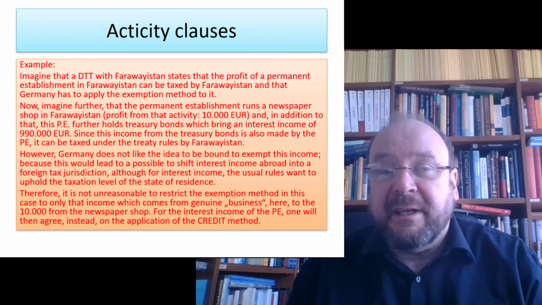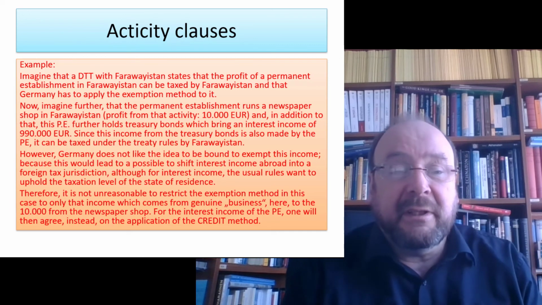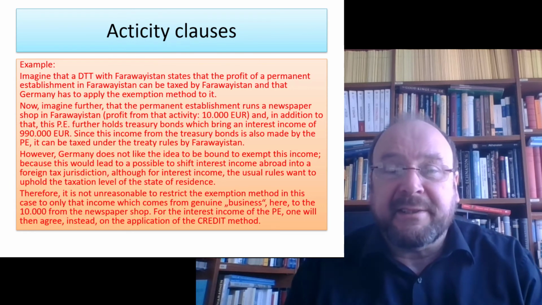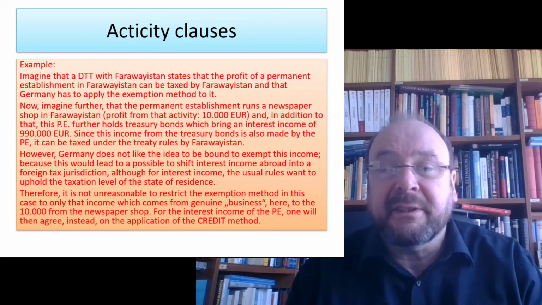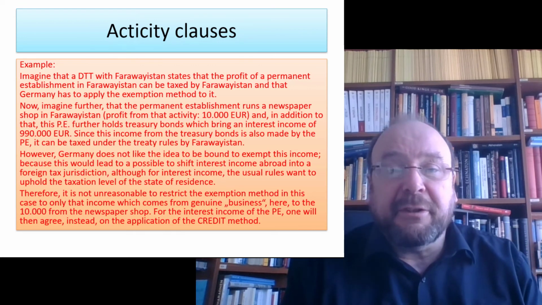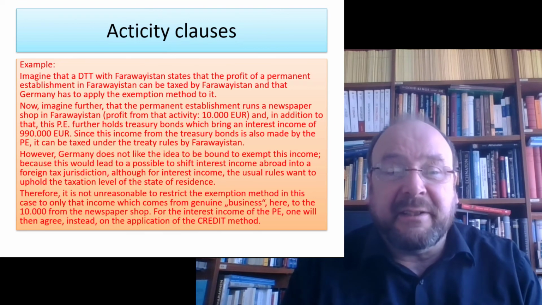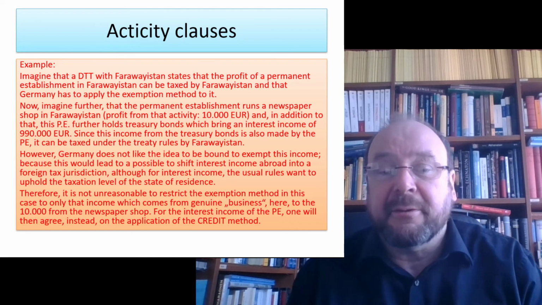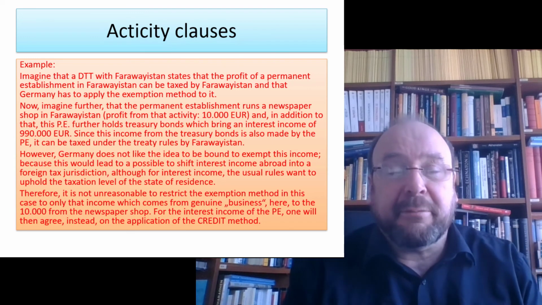So if you have ever come across that trick, that somebody shifted interest income into a foreign PE and then it got tax-free at home, then you probably get a bit wiser and in the future state in a double taxation treaty: the exemption method for business profits is only reserved for cases where the profits genuinely come from business activities, so from selling goods or producing goods and not from capital investments.